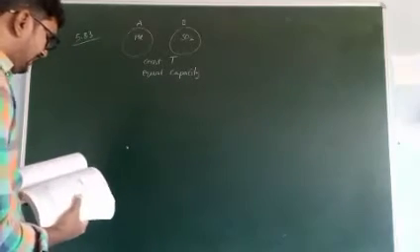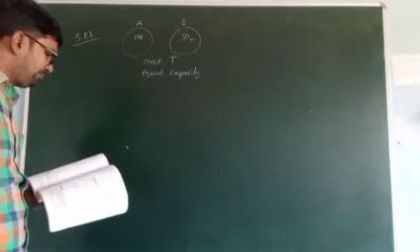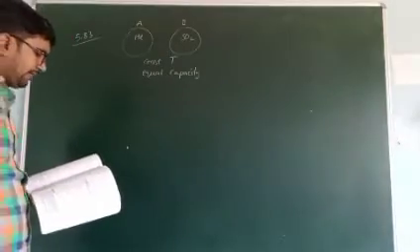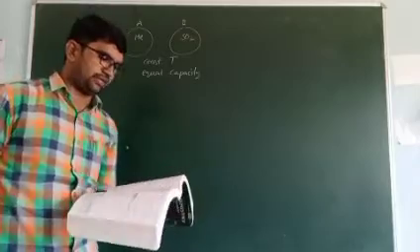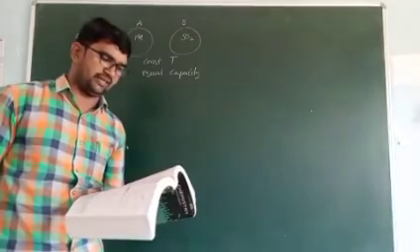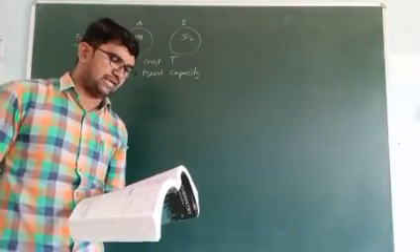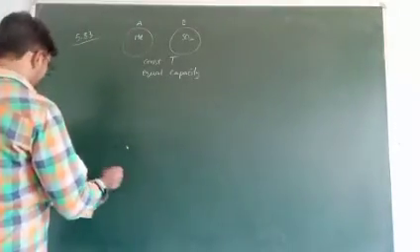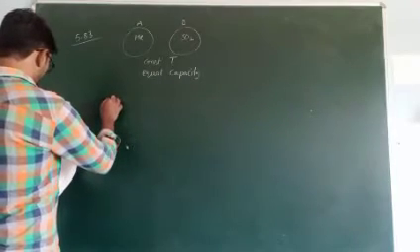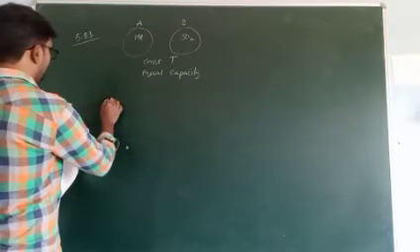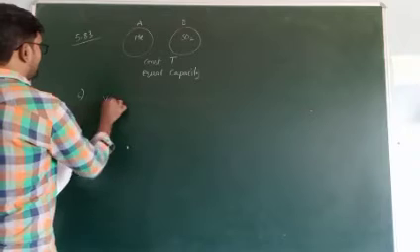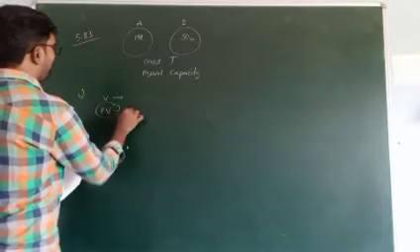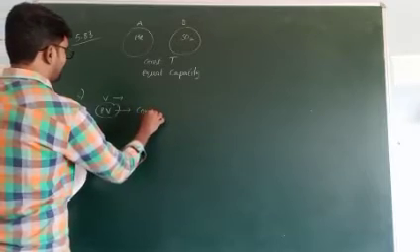How will the velocities be affected if the volume of B becomes 4 times that of A? Very important, listen all of you. If the volume is changed, but remember all of you, P into V value is always constant.